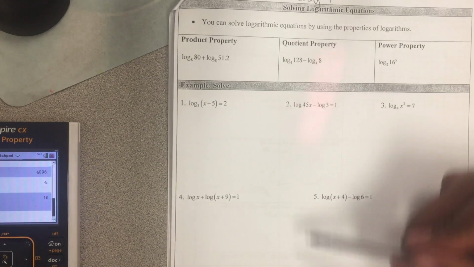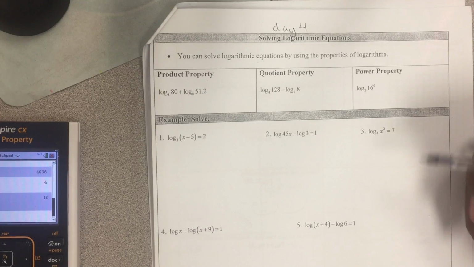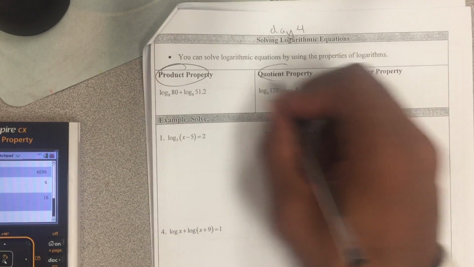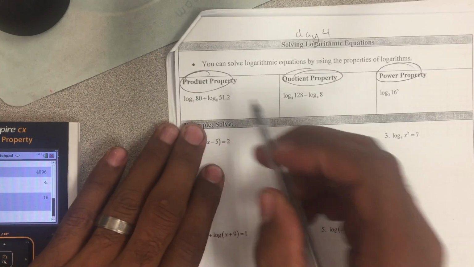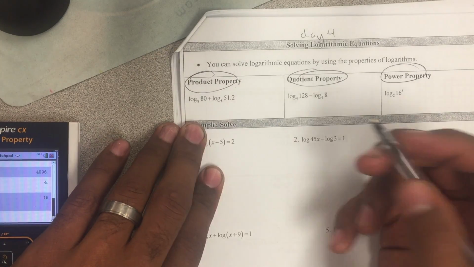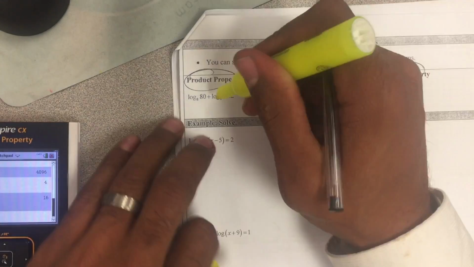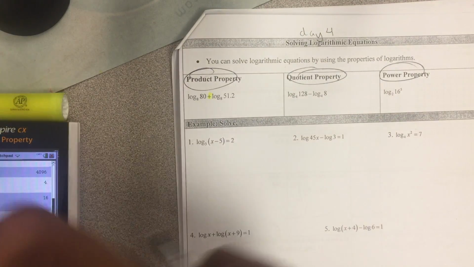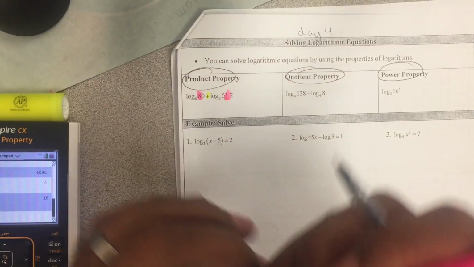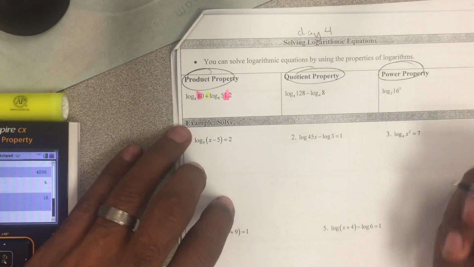Okay, now in all these examples here with these equations, you want to use these different properties that we learned in order to solve them. So first I've got this log plus this log. If I see plus, that means I'm going to multiply the a's of each of these. So it's going to be the 80 times 51.2.